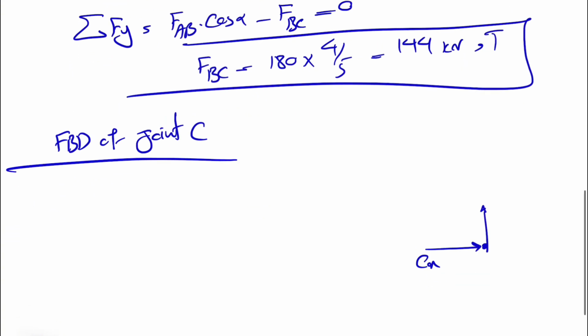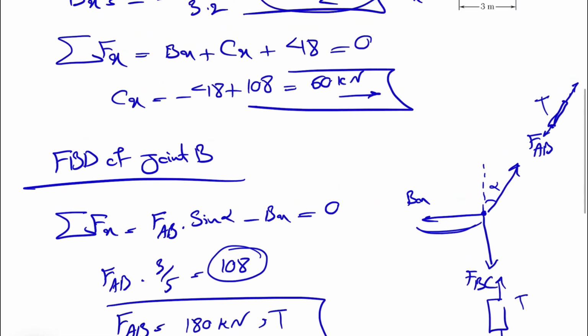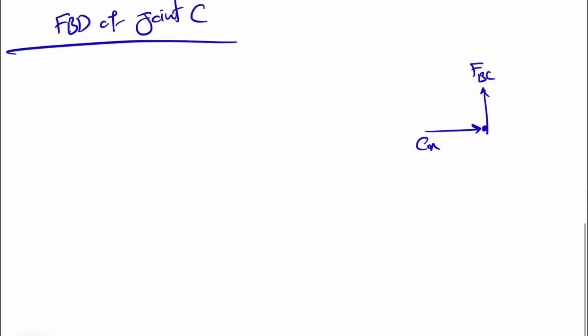So this is the correct direction for FBC. And we also have FAC on the right side, which is this force in here. Again, this has to be in this direction in order to cancel out the Cx, because FBC doesn't have any x component.